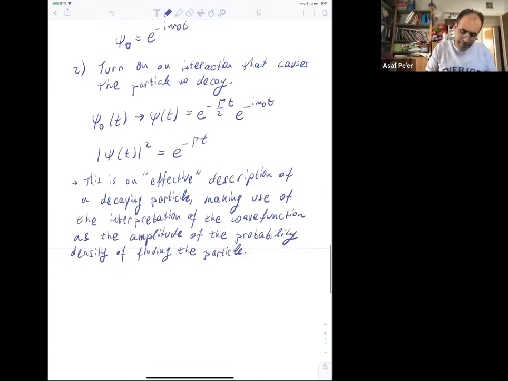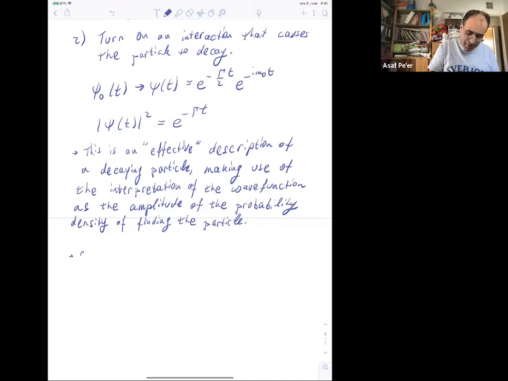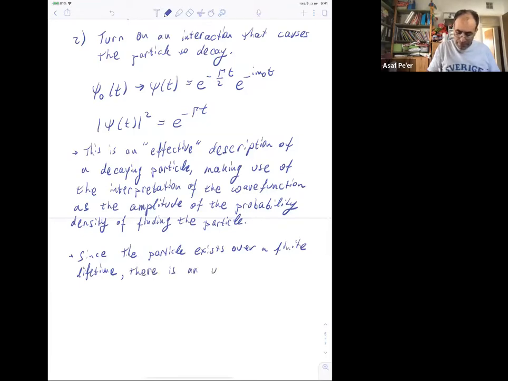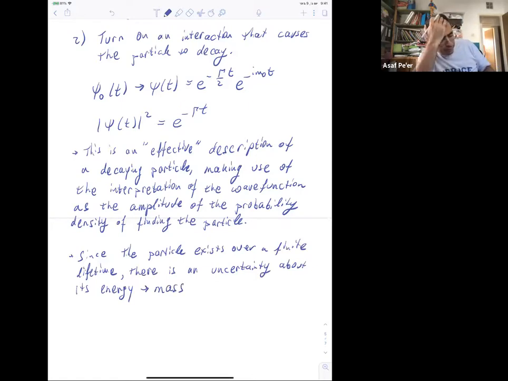Let me just write it down. Since the particle exists over a finite lifetime, there is an uncertainty about its energy, which is really its mass. So if we measure the mass gravitationally, or the invariant mass of the decay product, which is normally what is being done, we get a value which is generally different than m0.